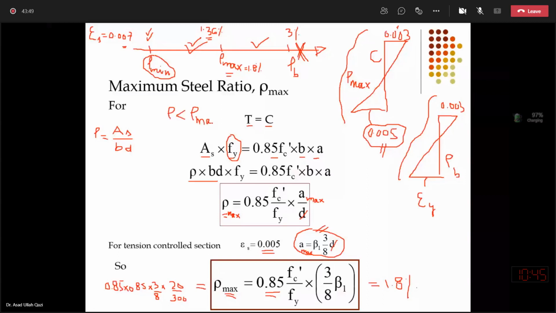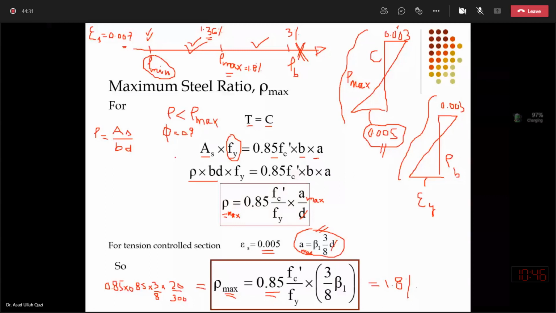So we have no objection in using phi as 0.9. And this is quite a useful classification: rather than going into detailed analysis right in the beginning, if we determine rho max, rho balanced, and even rho minimum, and compare them against rho of the cross section, we can classify the cross section within a few minutes. In this way, we can comment without going into detailed analysis what type of cross section it is.